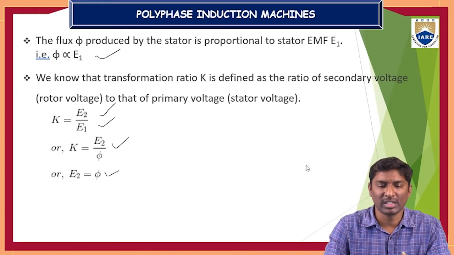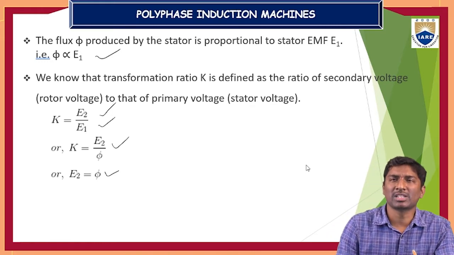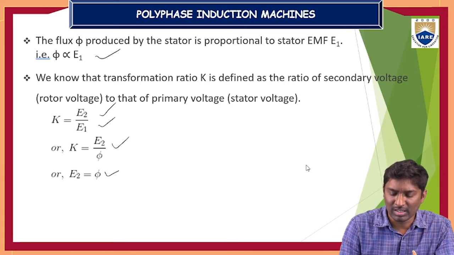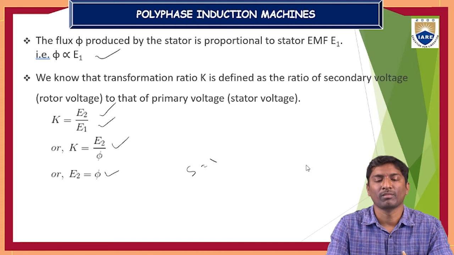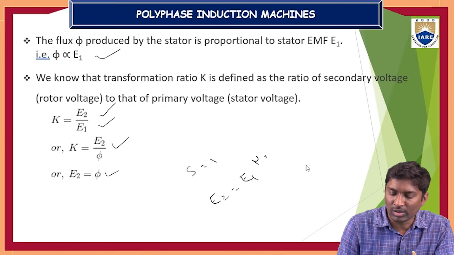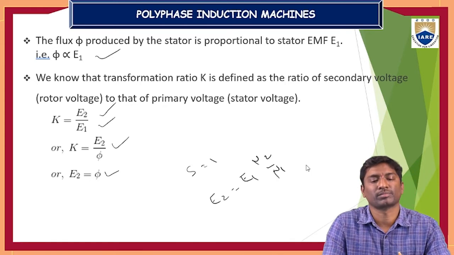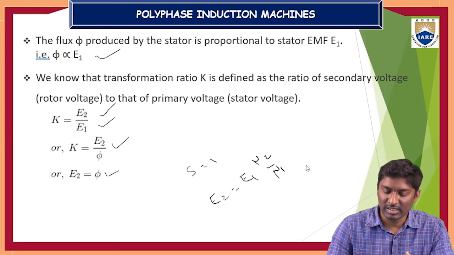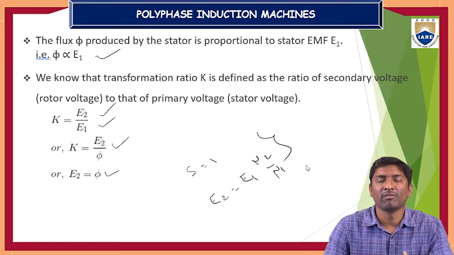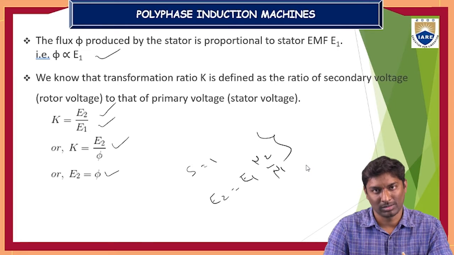For example, at standstill condition, I take slip equal to 1. So E2 is equal to E1 into N2 divided by N1. This is at standstill condition. Under running condition we consider the slip, because the slip is not equal to 1.